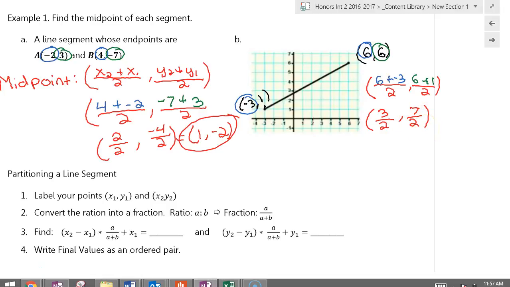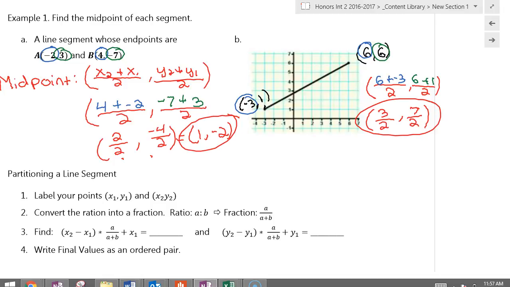And then from there, we really can't do anything else. If we could divide like we did in this example, right, we would. But here, these don't reduce in any way, so we just keep it as 3 over 2 and 7 over 2. So that is our midpoint. Okay, so that's midpoint. Pretty simple. You're just finding the average of your x's and average of your y's.